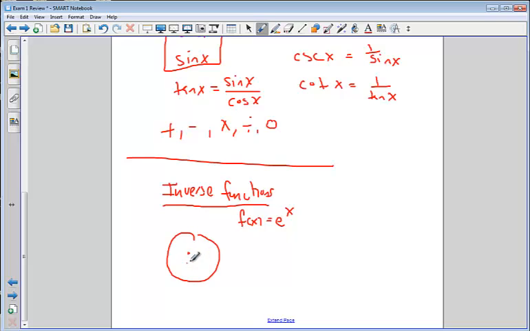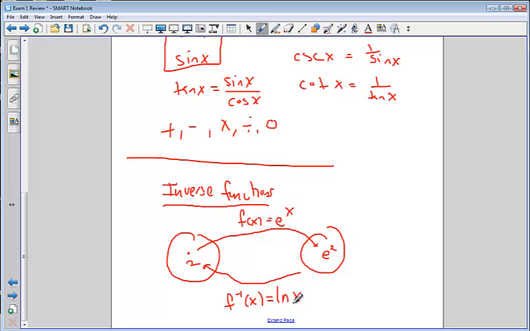And so if I have a number here, 2, it'll take 2 over here. You plug 2 into the e function, you get e squared. And you would like to have a function that takes you back to 2. And we typically call this function f inverse of x. And it turns out f inverse of x in this case is ln of x.